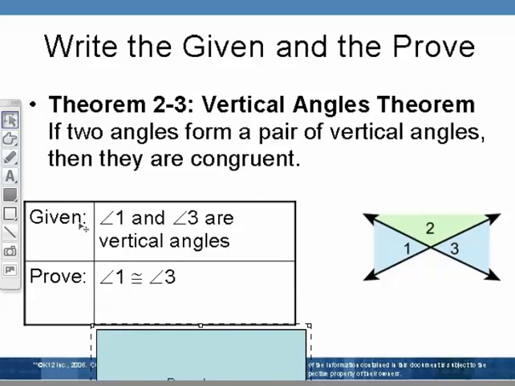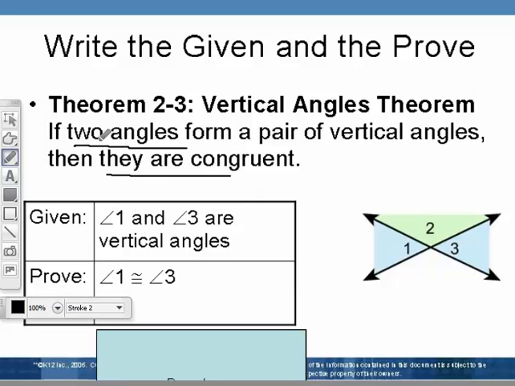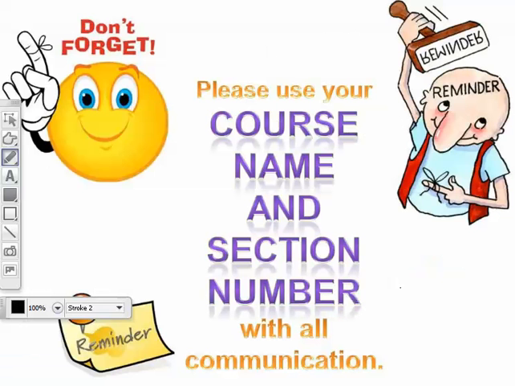Do you see where I got the given and the prove, and how they're in the theorem? One is the hypothesis, the if statement. The other is the conclusion, the then portion of it. All I've been doing here is trying to identify the parts of the theorem for you.